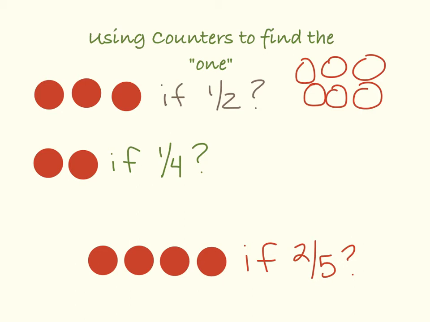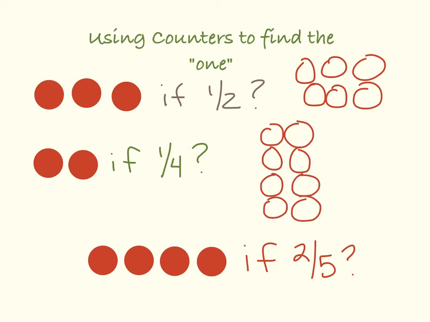If 2 of them were 1/4, so 1 part out of 4, so this is 1/4, this would be 2/4, 3/4, and 4/4 or 1 whole. So 8 of those would be a whole in that scenario.